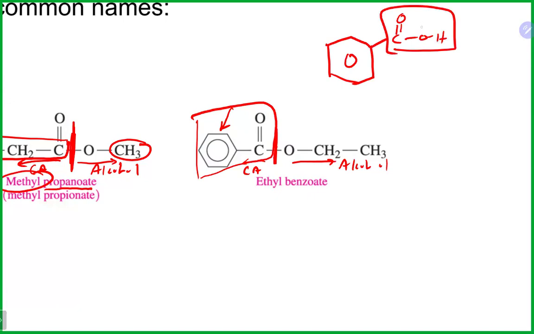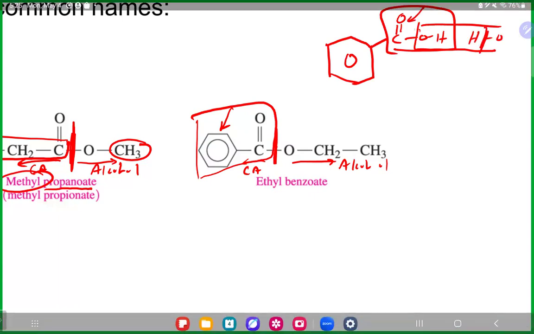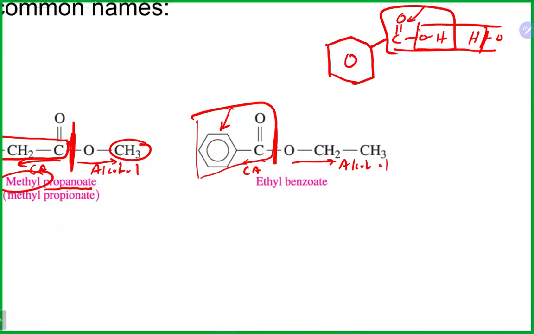So that is why when we lose the water, when we put it with the alcohol on this side, we do still have that extra carbon hanging off there, and that's why it's not incorporated into the name, because this entire thing here is benzoic acid, and that is where the benzoate comes from. And remember, it's not part of the ring because of the triple bond, or not triple bond, but the 3 double bonds that are present. Coming the other way, we have our 2 carbon group, which is our ethyl.